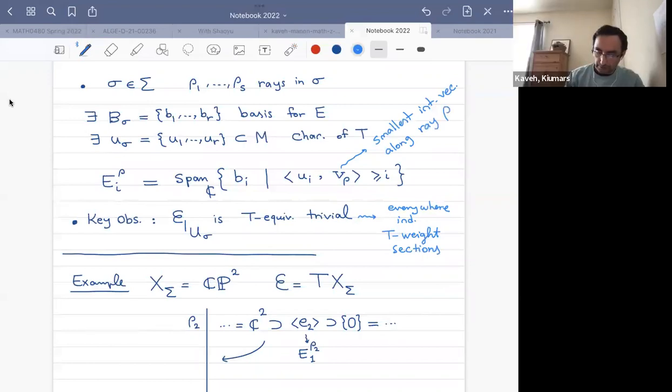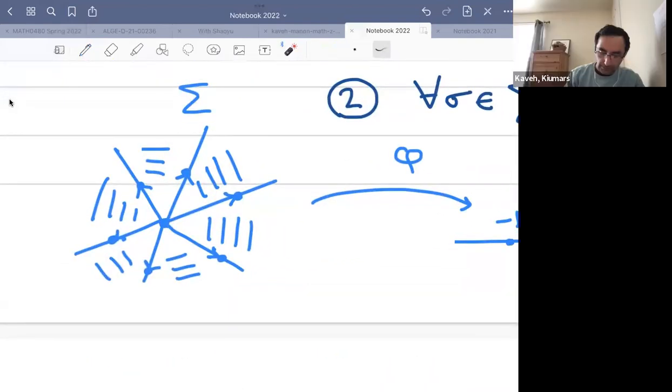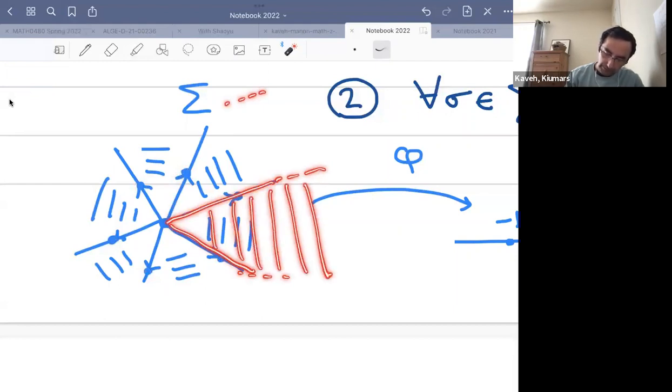Say this is a two-dimensional fan. You have these rays. Each one is rational, so there exists an integer vector on each ray. You pick these shortest integer vectors, and to each one you assign these filtrations, and the filtrations corresponding to rays of the same cone should come from a basis.